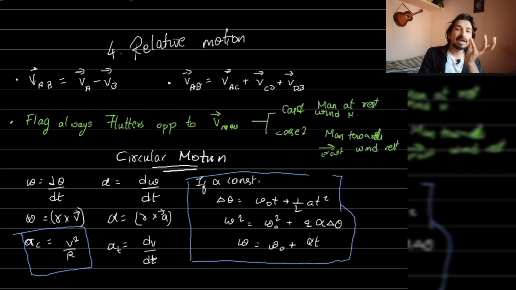And then you also have the angular equivalent of mass. In linear motion, mass tells you how difficult it is to move an object. If the mass is more, it's more difficult to change its motion. That is inertia, which is directly proportional to mass. But in angular motion, you have something called moment of inertia.